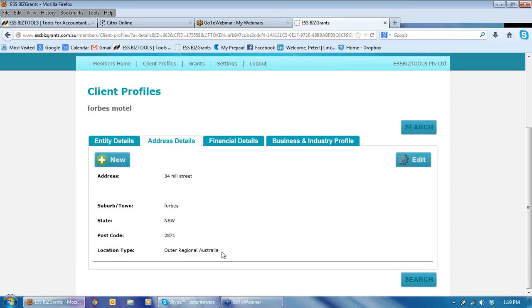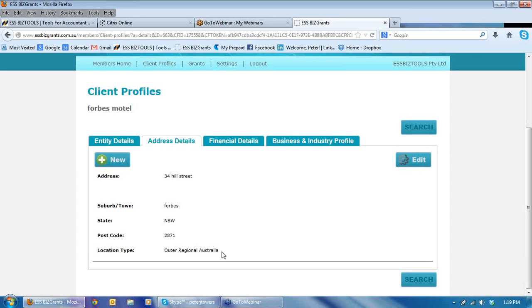You may find that there are these little points. They're in an outer regional area. They're selling 50% or more of their business income to businesses in remote or very remote locations. And after all, that's probably about 90% of the Australian land mass.